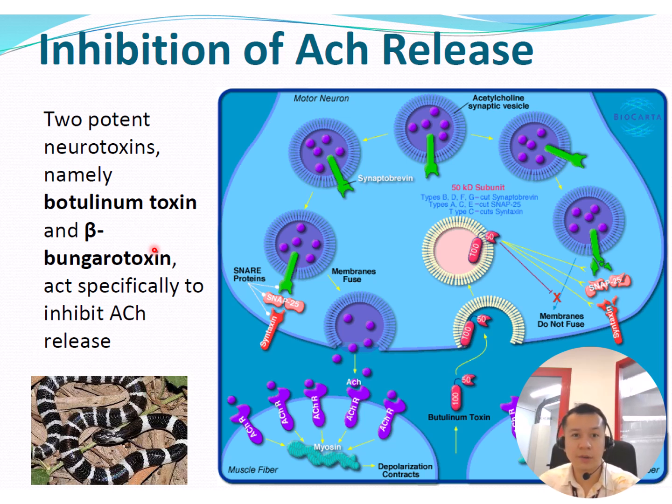That's why it can remove wrinkles as well, and sometimes it can treat chronic migraines, and you can also use it for cosmetic applications. On the other hand, beta-bungarotoxin serves more in experimental models because they found it to have a very powerful paralytic effect. So we are yet trying to figure out how we can utilize this particular toxin in the pharmacological aspect as well.